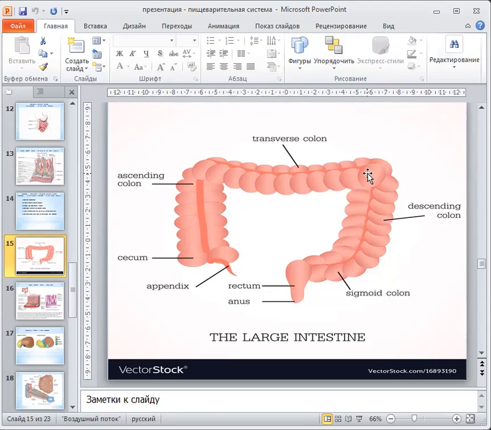Length of transverse colon is 25 to 30 centimeters. Descending colon. Length of descending colon is 10 centimeters. Sigmoid colon, sigmoid intestine, rectum, and anal aperture.